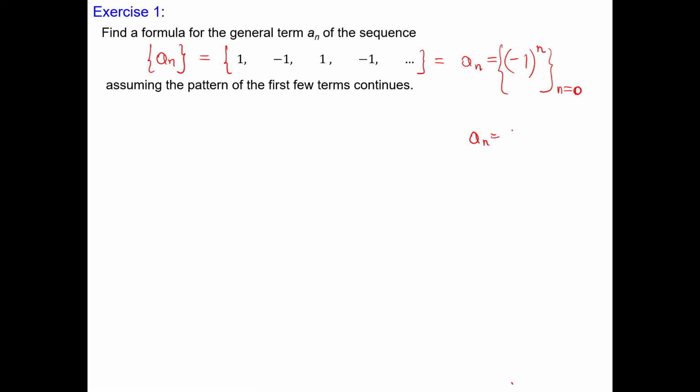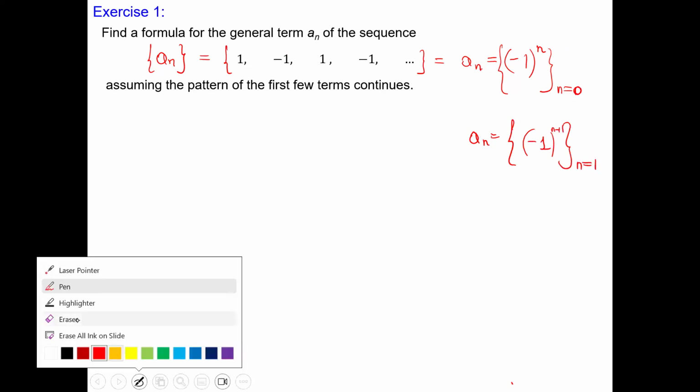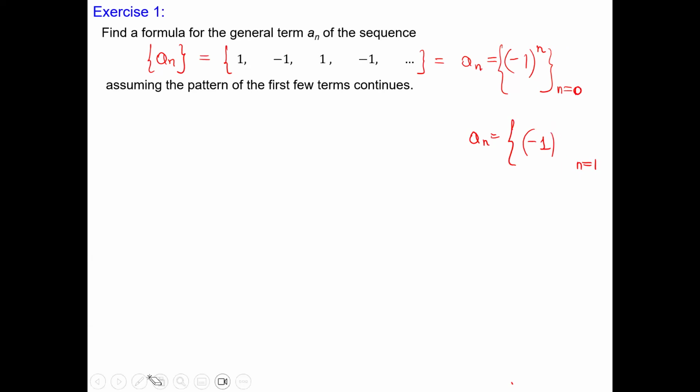Or, if we like to start with 1, then we put n plus 1. Negative 1 is raised to the power of not n, because negative 1 to the 1 would give us negative 1, so we just add 1.